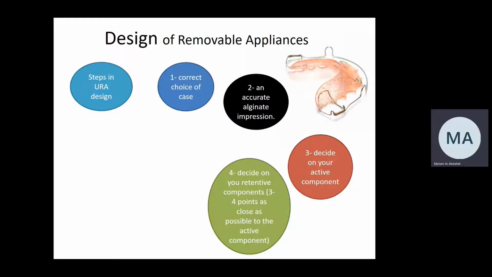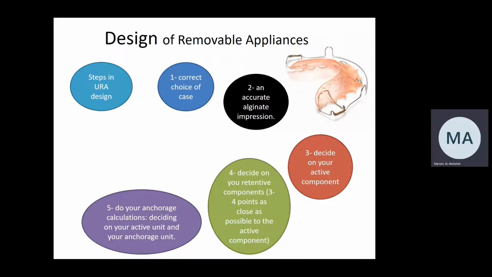Now, it's important also to choose your retentive components so that they do not interfere with the movement of teeth. Again, for example, I'm using a Z-spring on the upper left central incisor. I cannot use a south end on both central incisors because one of them is going to be moved buccally. So this is an interference. This cannot work.